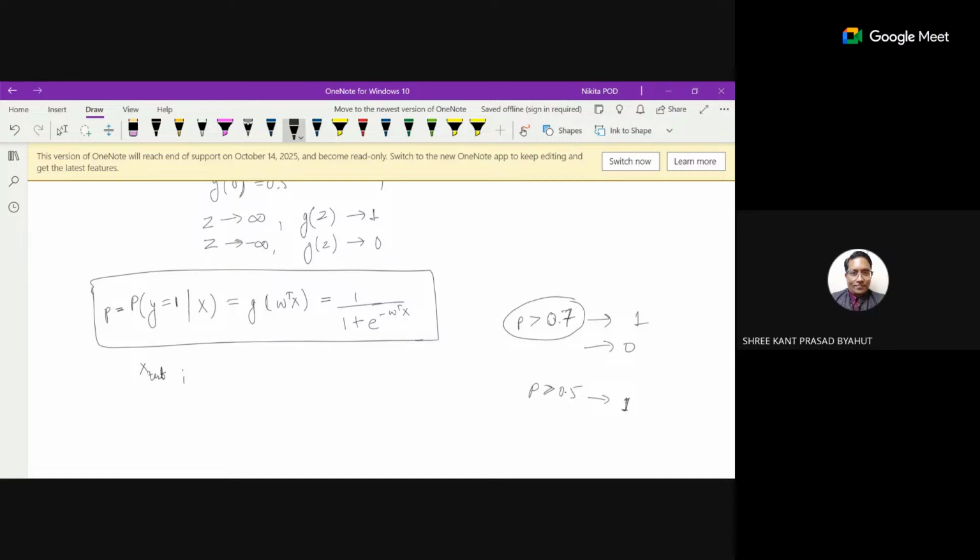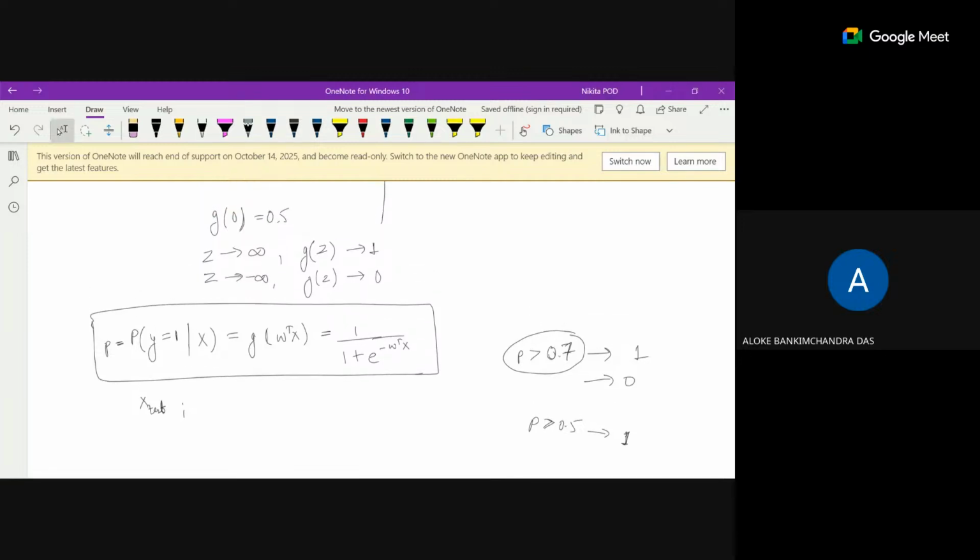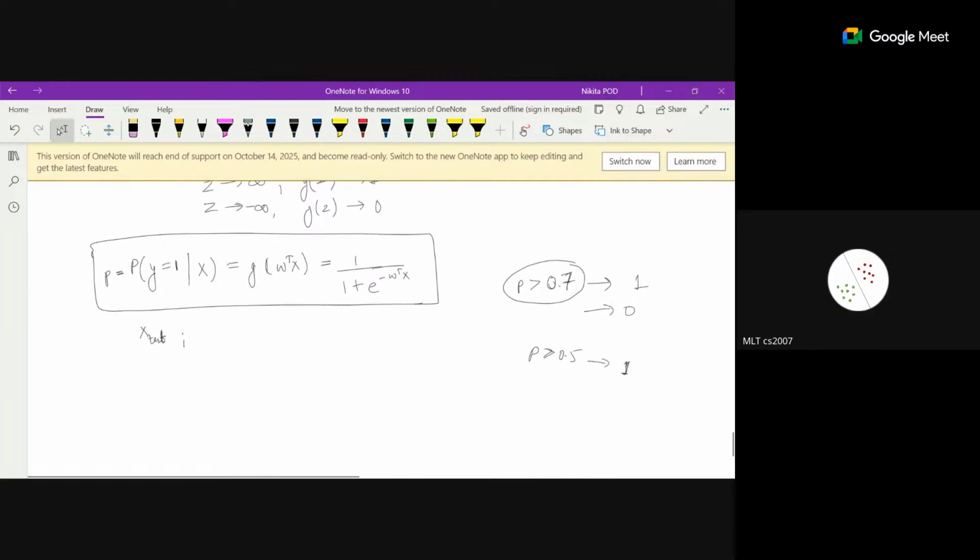We can calculate the value of 1 upon 1 plus e to the power minus W transpose X, but that will not be the threshold. You can decide based on it whether the probability is 0.7 or less, but you cannot set this threshold that way.